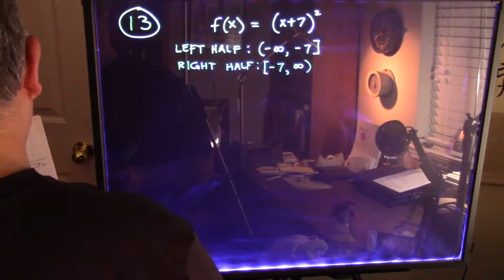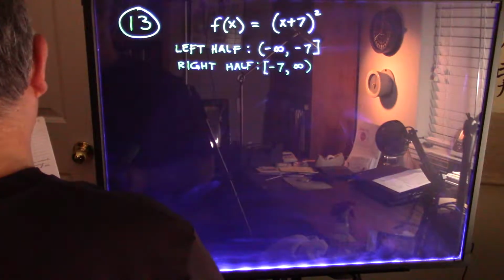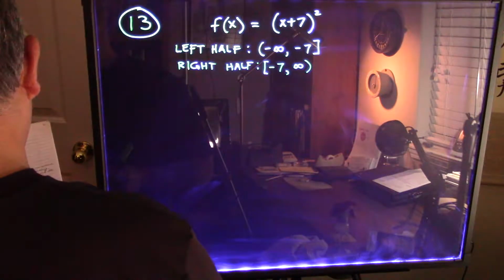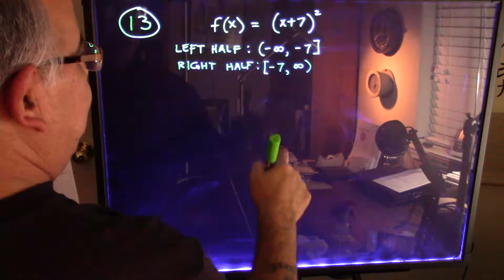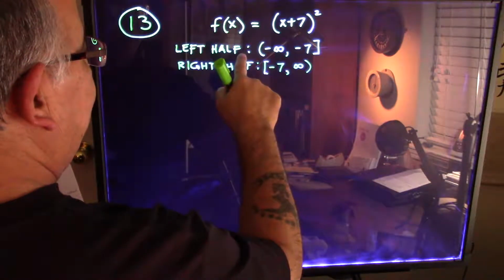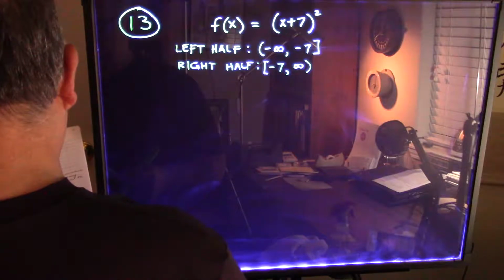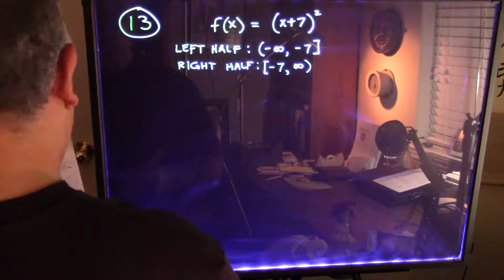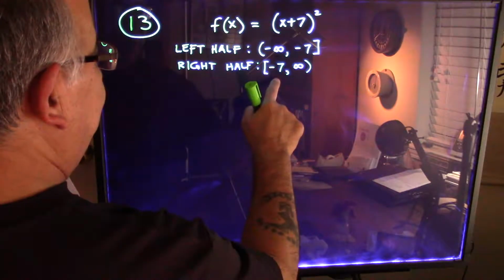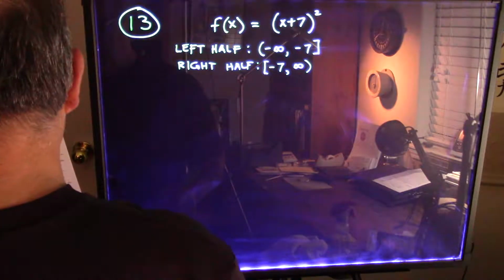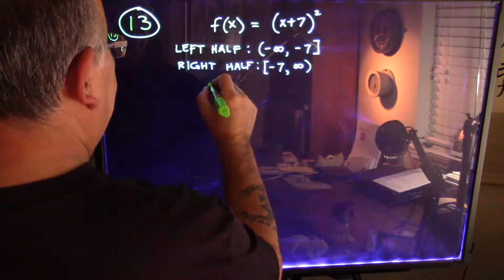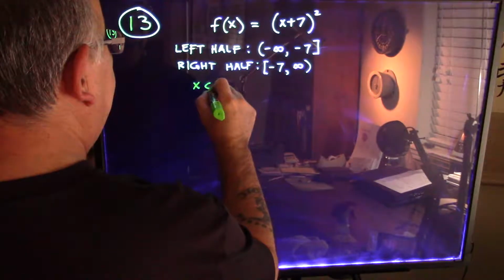But what we want is something that's non-decreasing. All right. The left half is decreasing. Okay. So we want to get rid of that part. So we just want the right half of this parabola. So that would be our domain. Okay. So that means x would be in this domain.